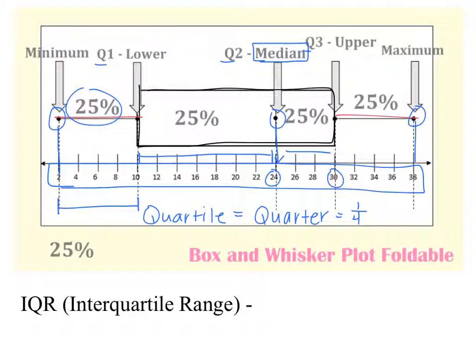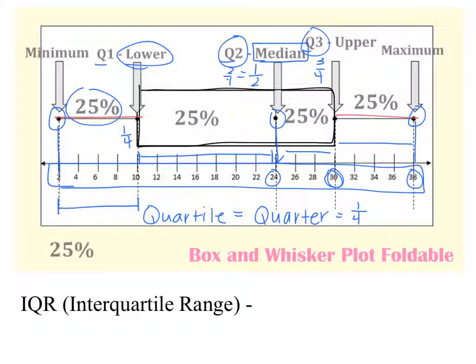And then the last 25% of our data spent between 30 and 38 minutes playing the video game. So all of these mean your first quarter, here's your 1/4 of your data, your second quarter, which is your median, which is your half, so 2/4 is a half, and your third quarter of your data. So that's where all of this comes from.